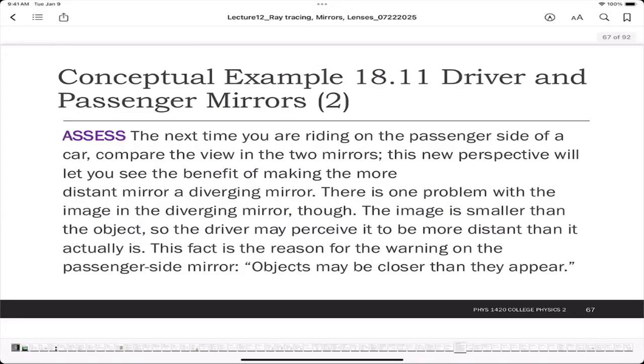There is one problem with the image in the divergent mirror, though. The image is smaller than the object, so the driver may perceive it to be more distant than it actually is. This fact is the reason for the warning on the passenger side mirror: objects may be closer than they appear. So sometimes you feel it's far, but it's not that far.